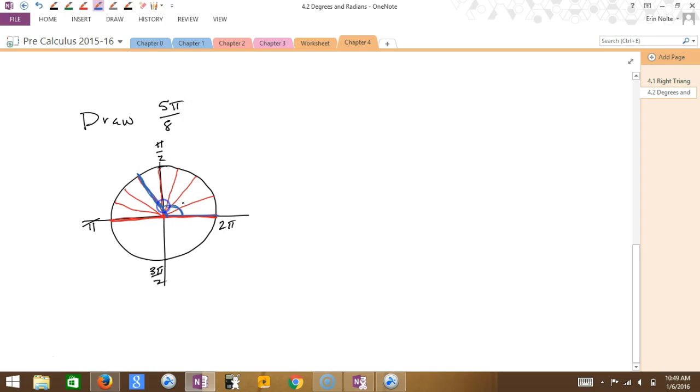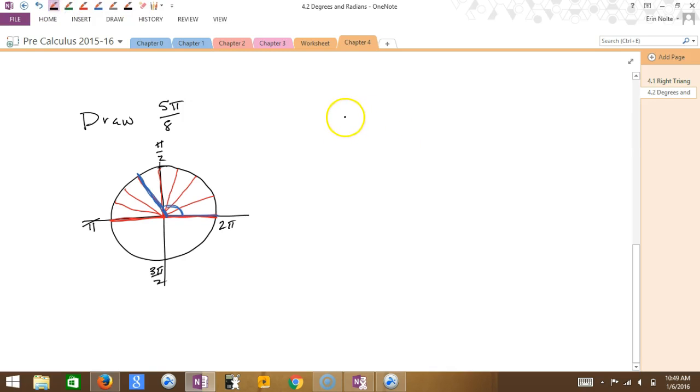So this angle from the terminal side to that blue line is 5 pi over 8. Not too bad? Shall I keep going? Okay. I think I should keep going.